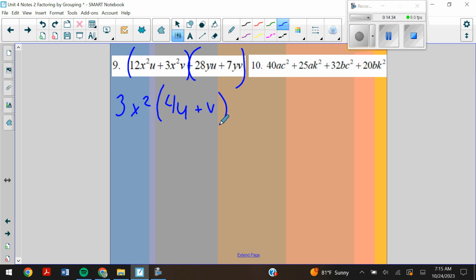And my second set of terms has a y. So when I divide that out, factor that out, 4u plus v. Well, that's close enough. All right, those match.